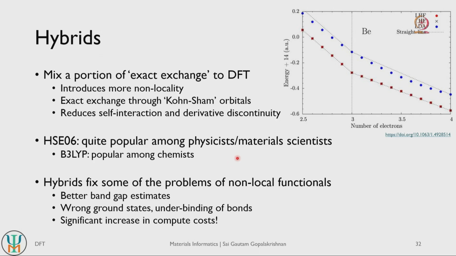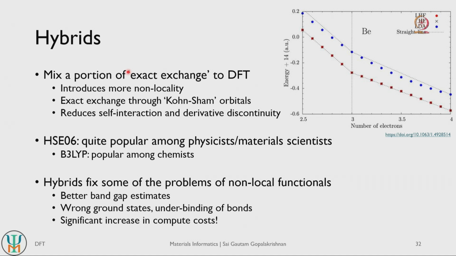So one way to fix, mitigate, or reduce this self interaction error is to mix a portion of what is referred to as exact exchange, or Hartree-Fock exchange, into density functional theory. Hartree-Fock does not have the self interaction error because of perfect cancellation between your Coulomb and exchange terms, right.